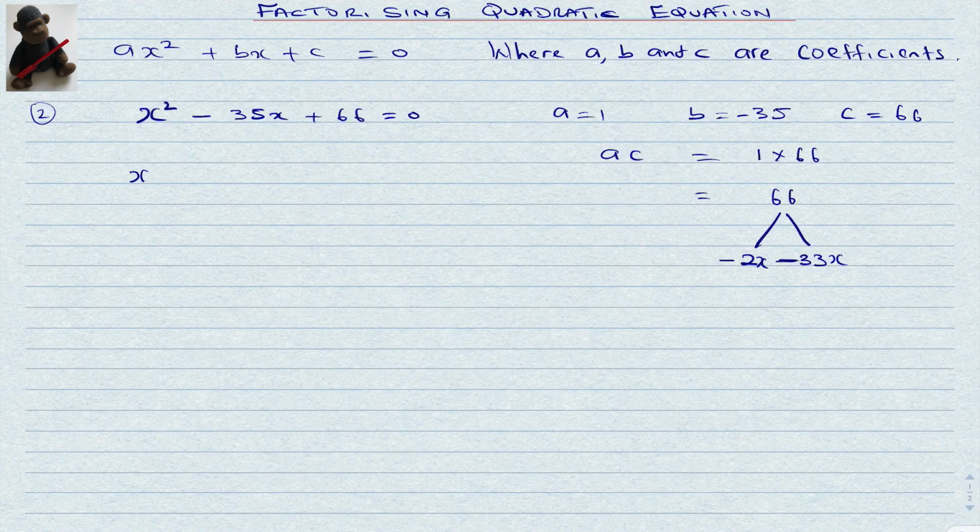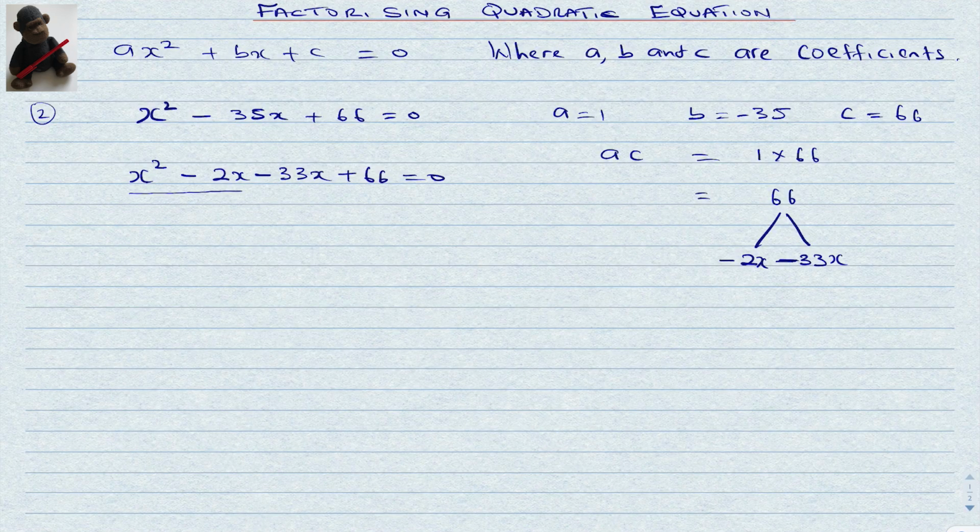So I'm going to get x squared minus 2x minus 33x plus 66 equal to 0. Now I need to factorize the first two.